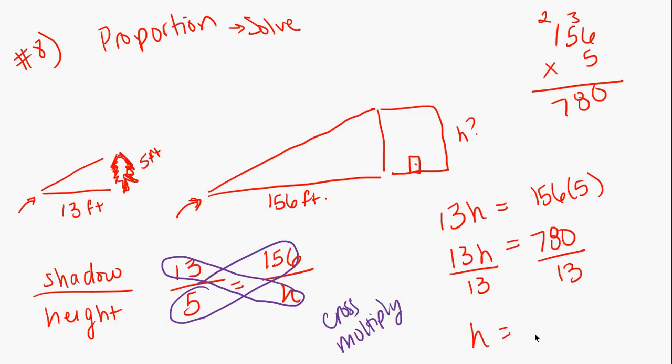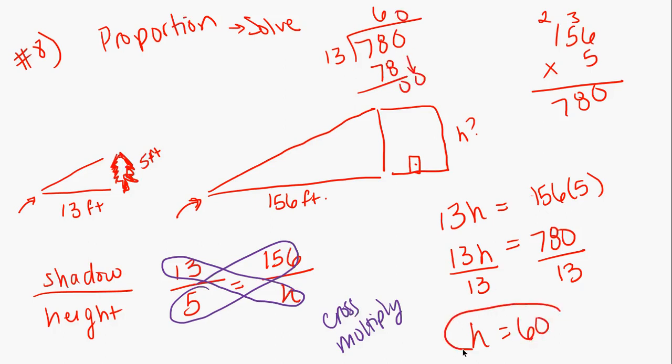So h equals 780 divided by 13. 13 goes into 78 6 times. And goes into 0 0 times. So h is 60.